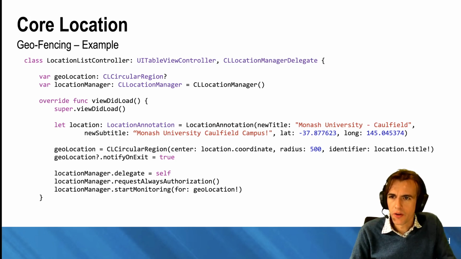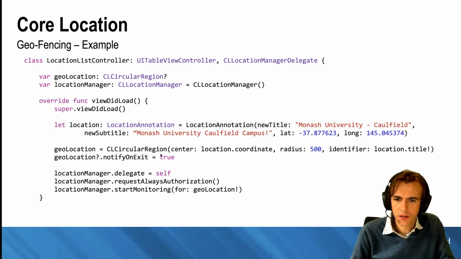So here's an example of how you would do geofencing. We have a CLCircularRegion that represents our geofence basically. We have our location manager as before. In our viewDidLoad, we could create an annotation, which we'll have a look at a little later.